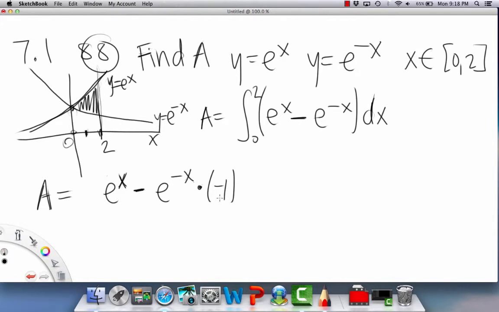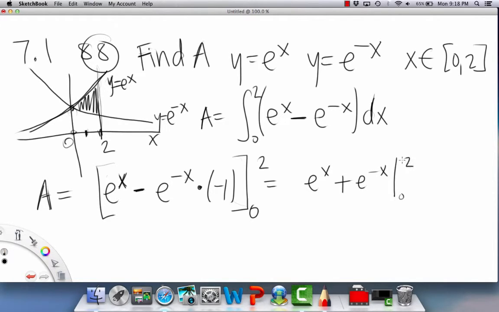So anyways, that's that, and then we're evaluating this from 0 to 2. So this is going to equal, this is the same thing as e to the x plus e to the minus x.